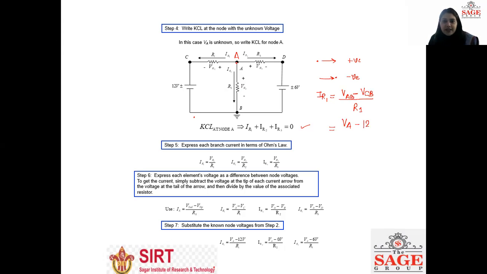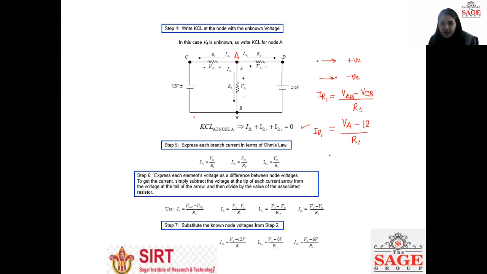We will always consider that the node from which current is leaving is at the higher potential, because current flows from high to low. So VA minus 12 upon the resistance between these two nodes, that is R1. In this way we will find out the current IR1.